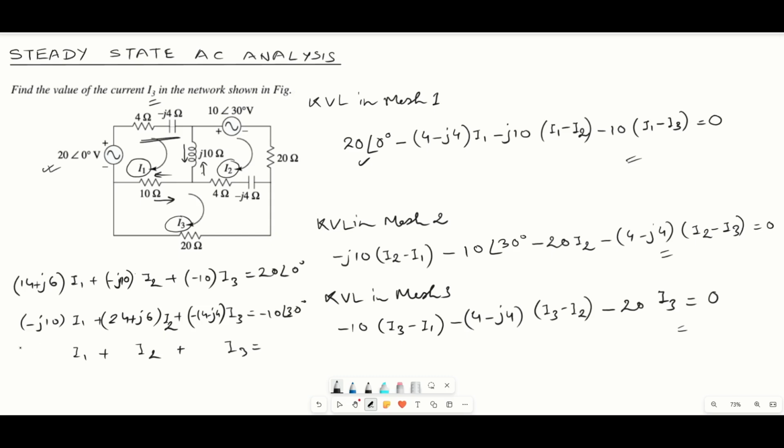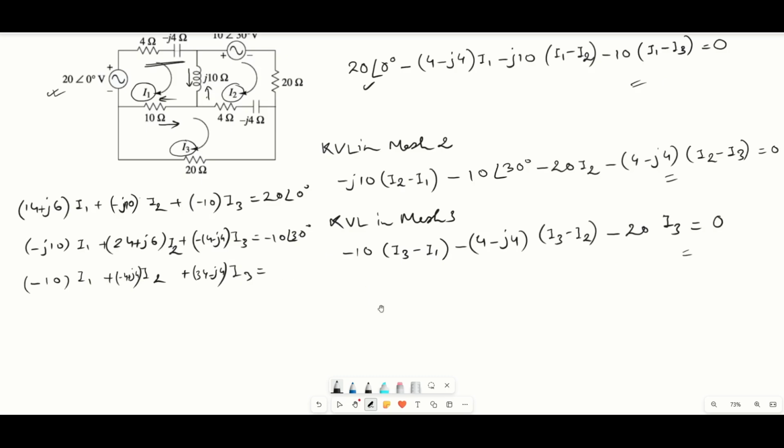Then finally for the last equation, it is minus 10 for I1, then for I2 minus (4 minus J4), so minus minus will be plus, and finally for I3 it will be 34 minus J4.